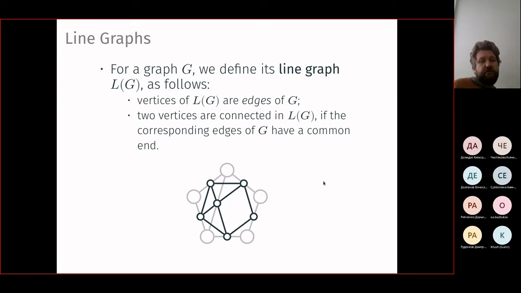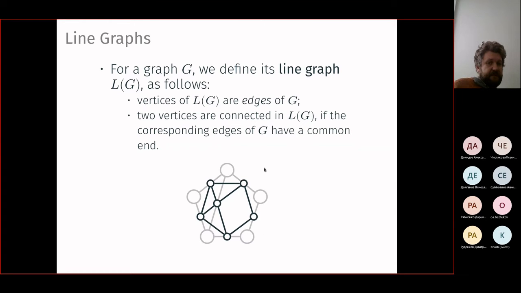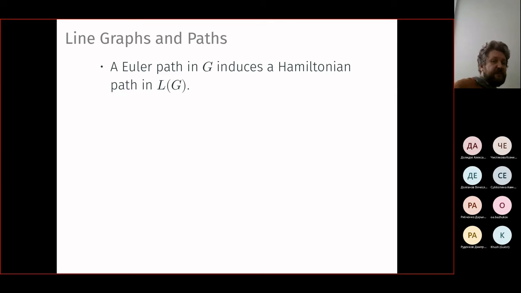So this new graph is called the line graph. Again, you take the vertices. The new vertices are the edges of the original graph, and you connect them if they have a common vertex. And the Euler path on the original graph induces a Hamiltonian path on the line graph, right?